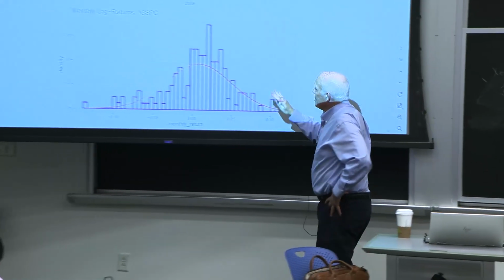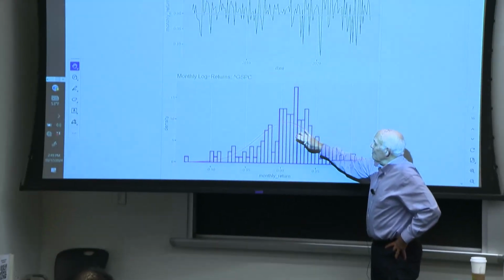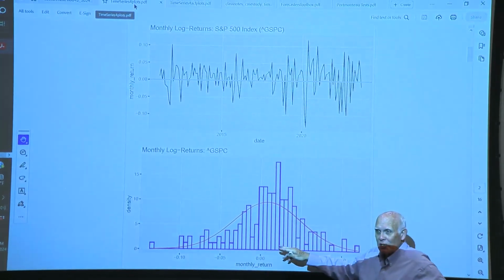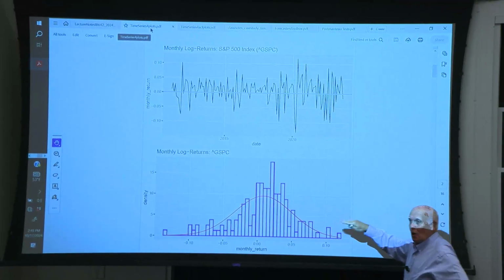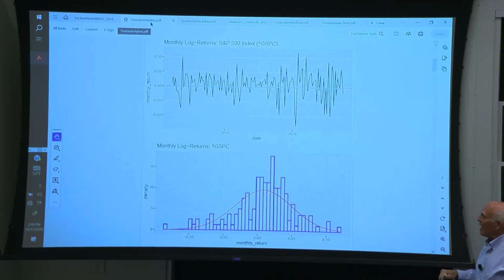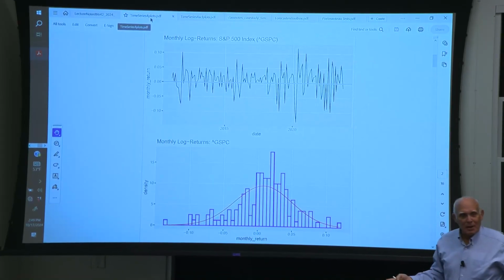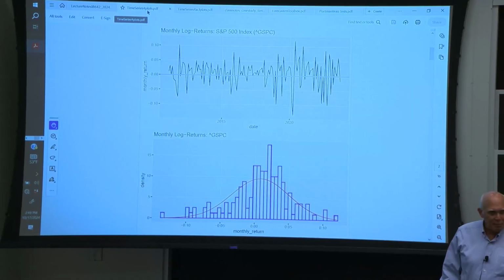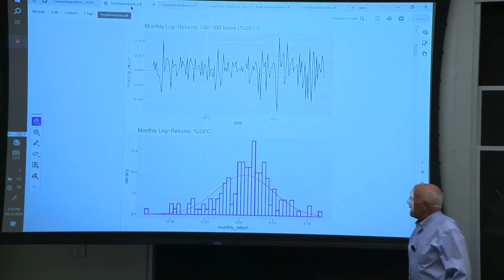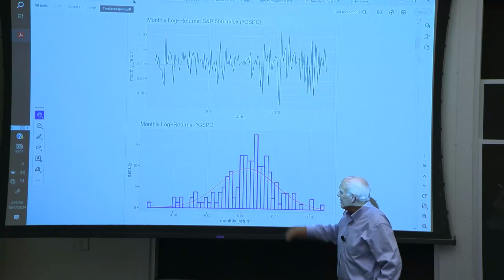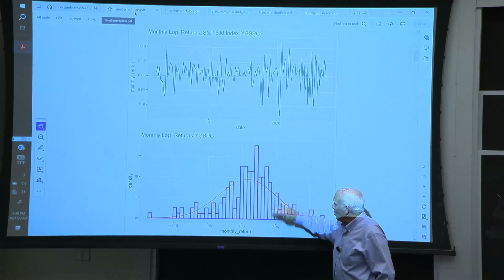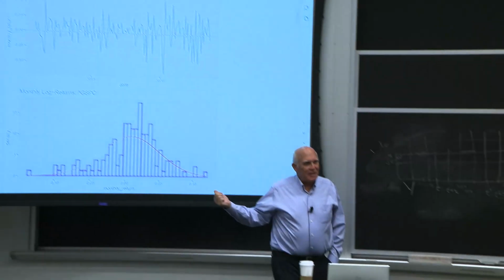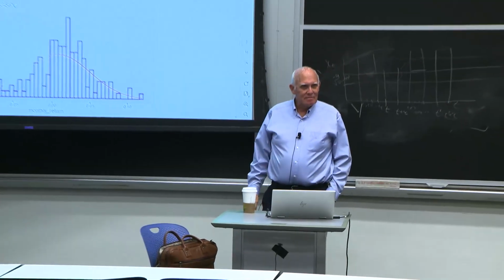Now, with this data, we might consider looking at the distribution of these log returns and see whether they're consistent with a normal model, just as a benchmark example that we might use. And here's the fitted normal curve to the data. And would you say that this is a good fit to the data?